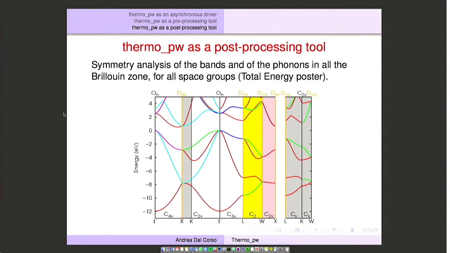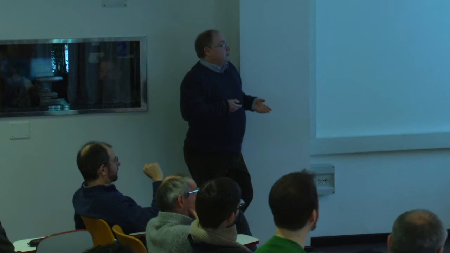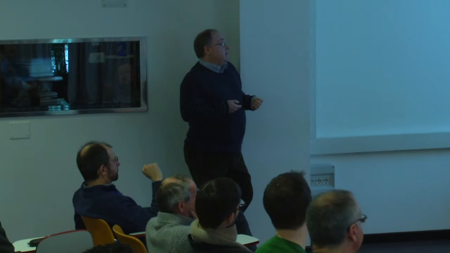For post-processing, one thing that I'm particularly happy about is this. The symmetry analysis of the bands was limited so far to points inside the Brillouin zone, that are the white parts of this path. In this path, you can use the irreducible representations of the point group to find the symmetry analysis of the bands.